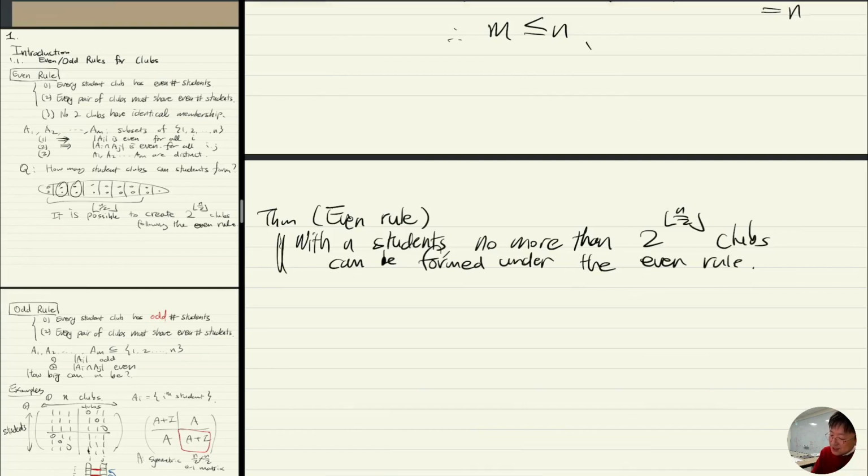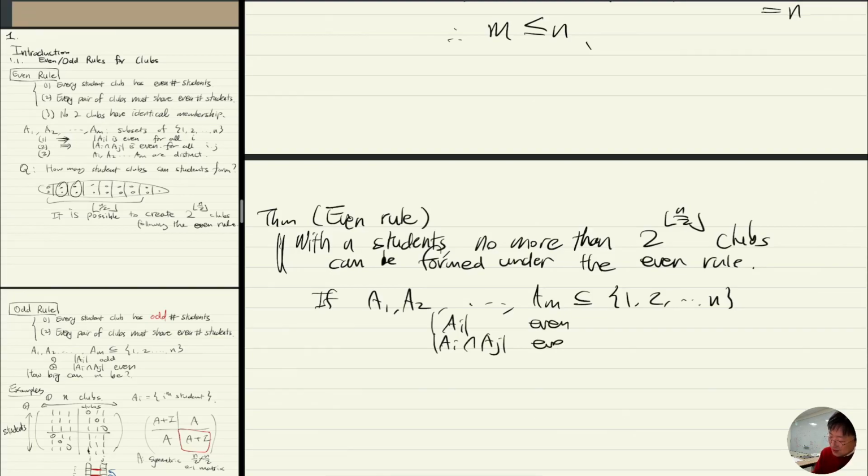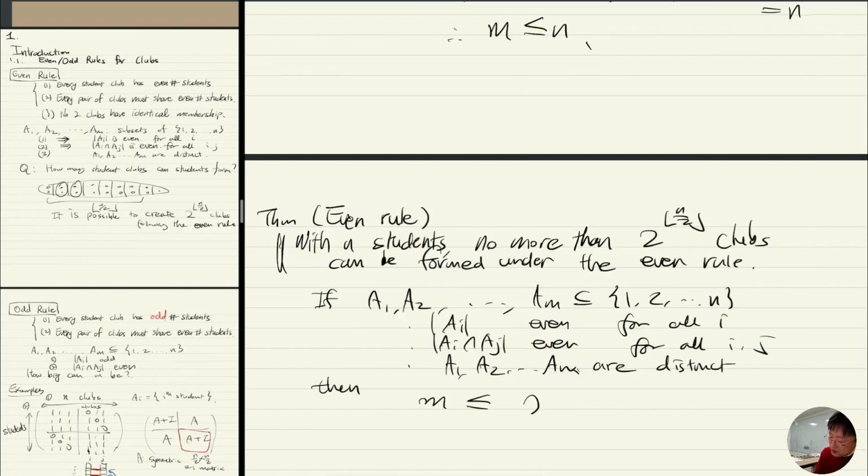In other words, if A1, A2, ..., Am are subsets of 1 up to n, where each |Ai| is even and |Ai intersection Aj| is even, and these sets are distinct, then the number of sets is at most 2 to the n over 2.